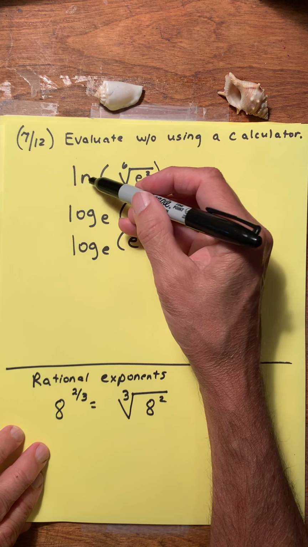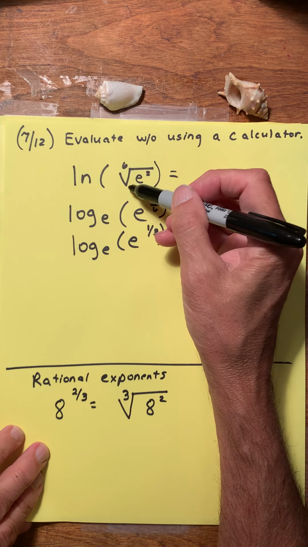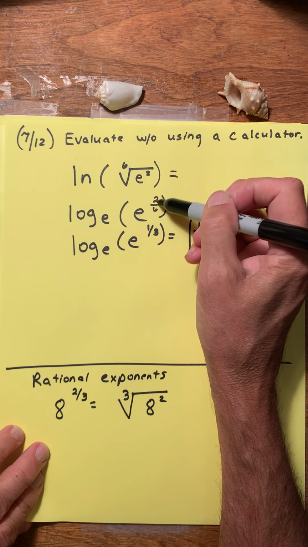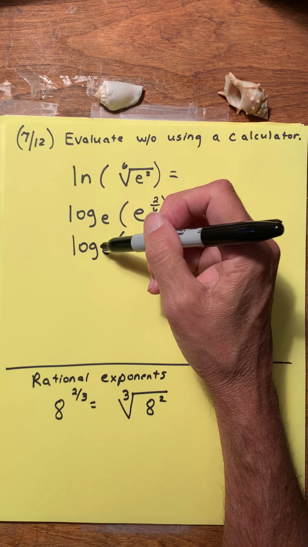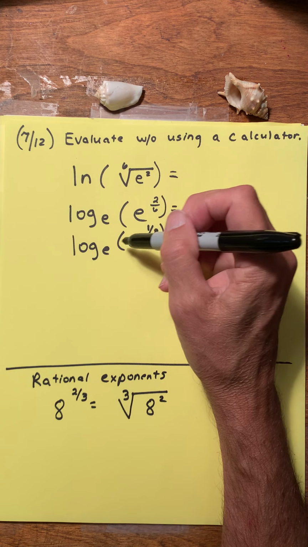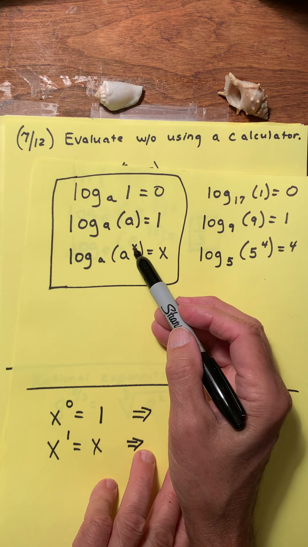So think of natural log as log base e. Re-express the radical expression as a fractional exponent. Simplify it. And what do you know? I have the same base as this base. Log base e of e to a power is the power.